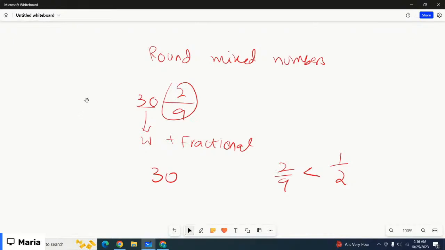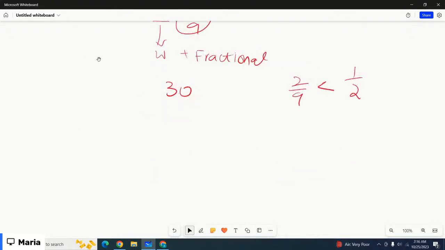So the other example is 18 whole 6 over 10, right? So just look at the fractional part. The fraction is 6 over 10. You have to compare 6 over 10 to 1 over 2, right? 6 over 10 is greater than 1 over 2.